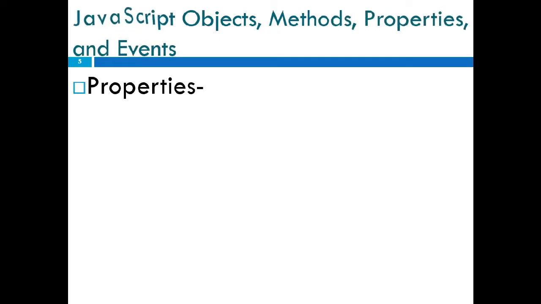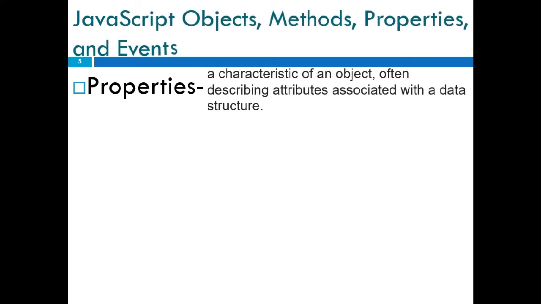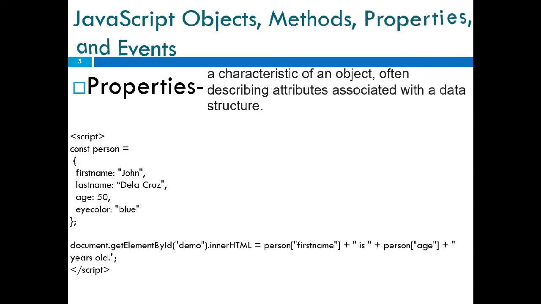Here in properties, it is a characteristic of an object, often describing attributes associated with a data structure. So here in the example, we have variables such as first name, last name, age, and eye color.